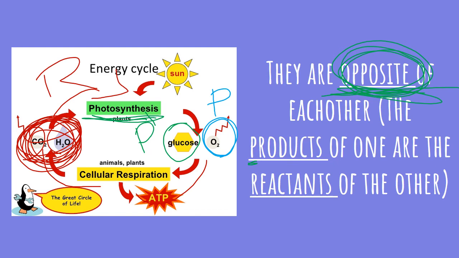We'll have plenty of practice with this later today. But just so you know, please, please, please remember that they are interrelated with each other, meaning the products of photosynthesis are the reactants for cellular respiration, and the products of cellular respiration are the reactants in photosynthesis.